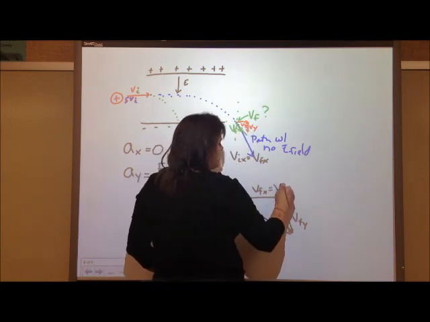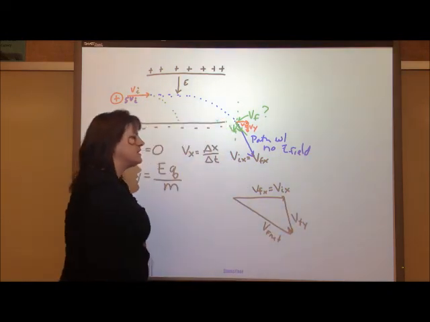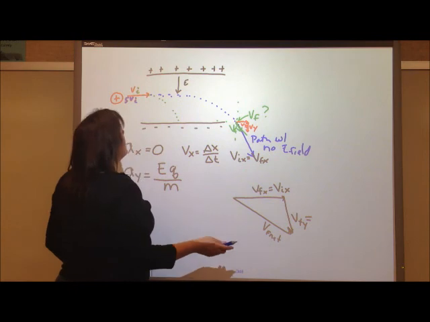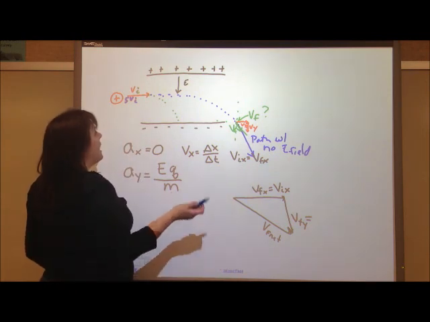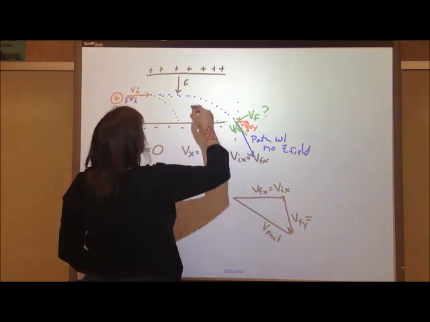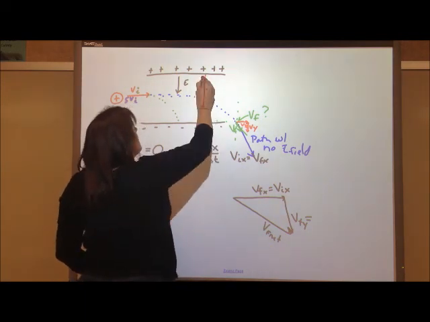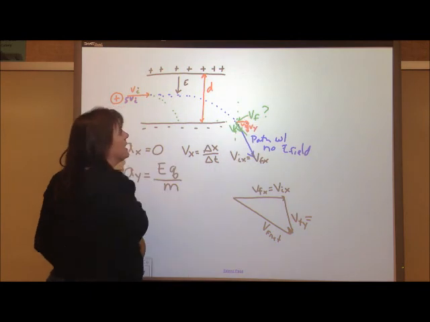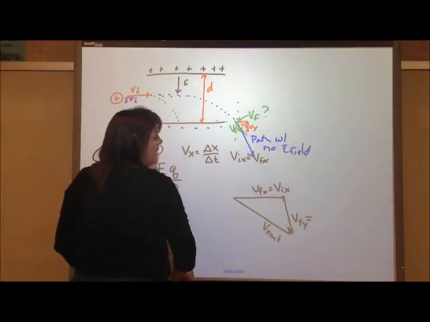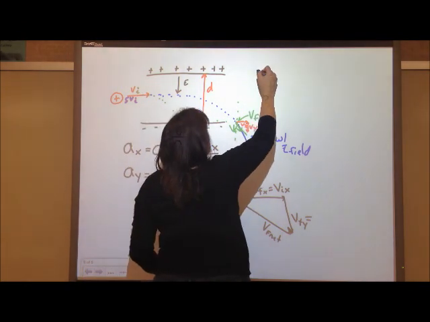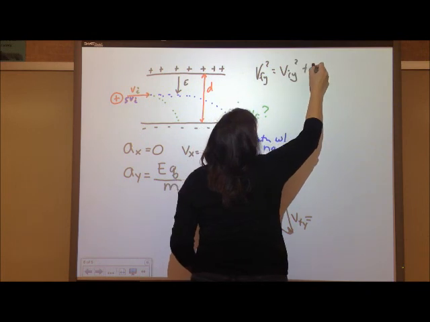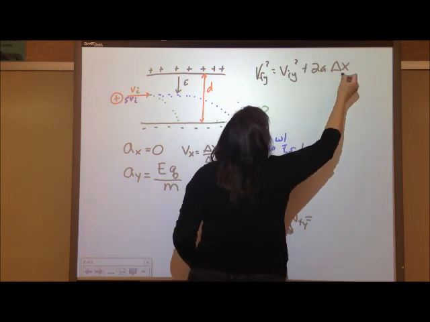V final x is just V initial x, I know what that is. My V final y, let's see. I would have to know something about the distance, wouldn't I? Or time. Let's say that the separation between these plates is d. From a kinematic standpoint, for V final y we use the time-independent equation: V final y squared is equal to V initial y squared plus 2a delta x.